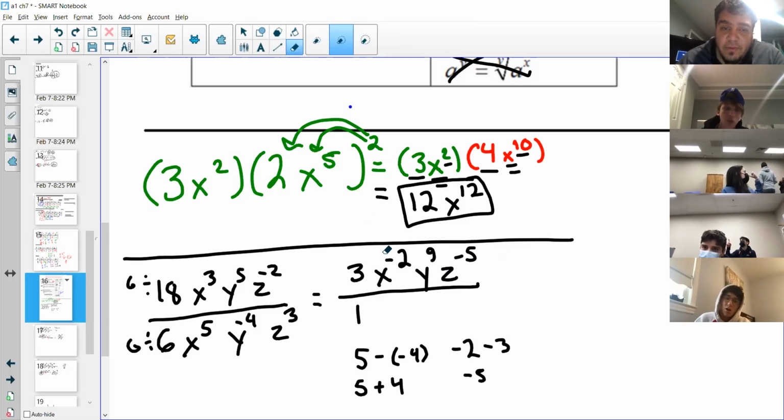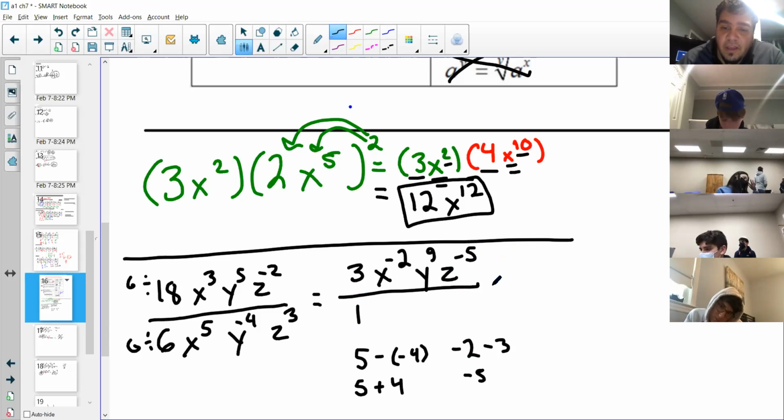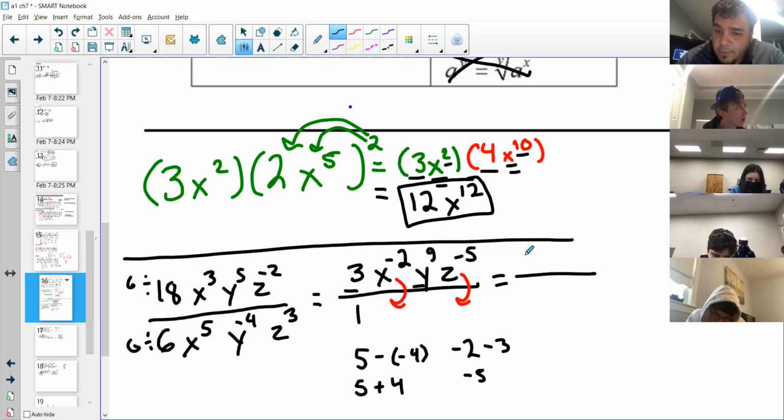Now, when it comes to moving things up and down, you only move down the ones that are negative exponents. The only ones that have negative exponents are the x to the negative 2 and the z to the negative 5. So on top, 3 and y to the 9th did not move.